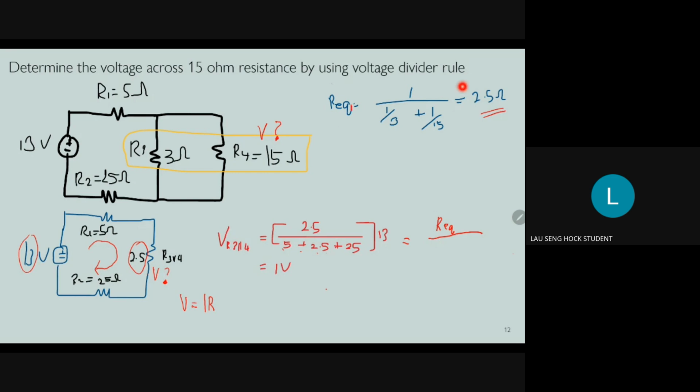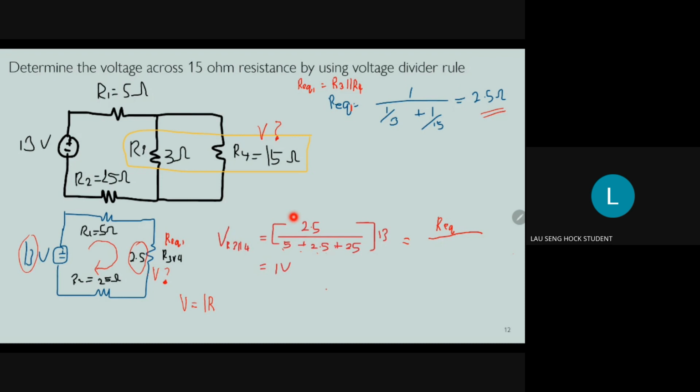R equivalent 1 is R3 in parallel with R4, you call it R equivalent 1.